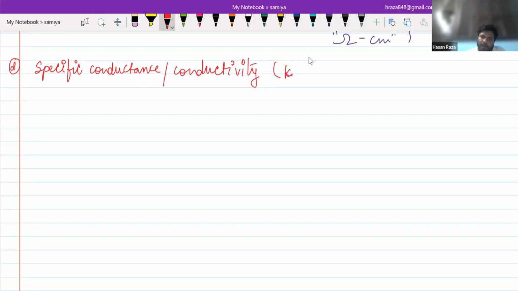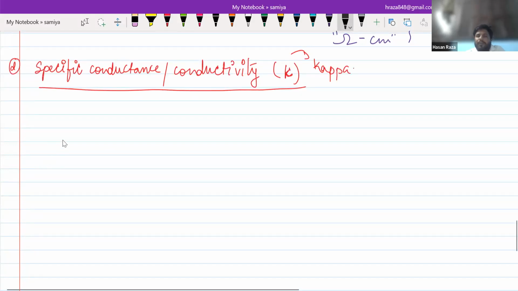This small k-like symbol is kappa. So what is specific conductivity, or specific conductance?